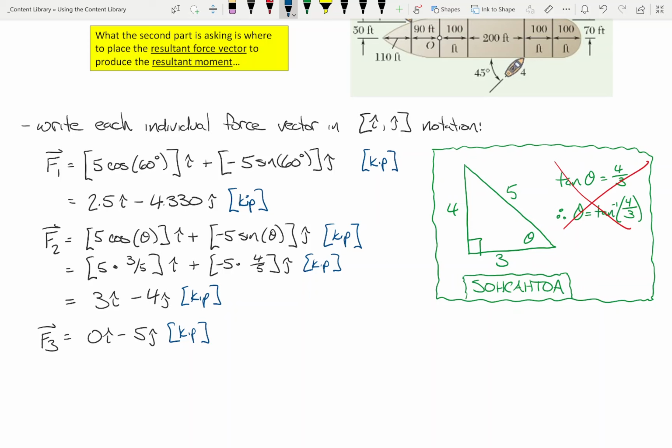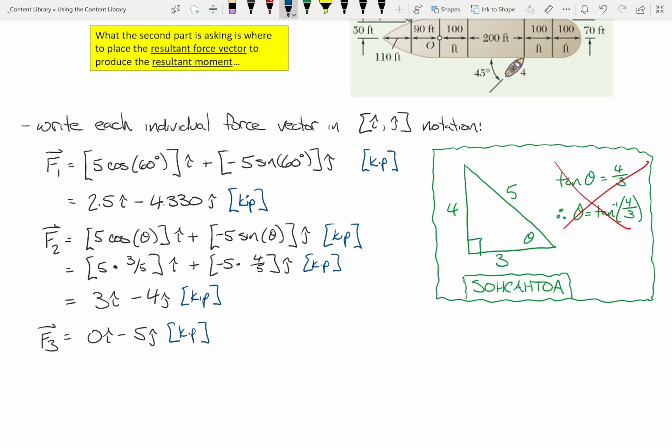Now for F4, what's the X and Y terms? Are they going to be positive or negative? Positive, because it's going up and to the right. And my angle is 45 degrees.